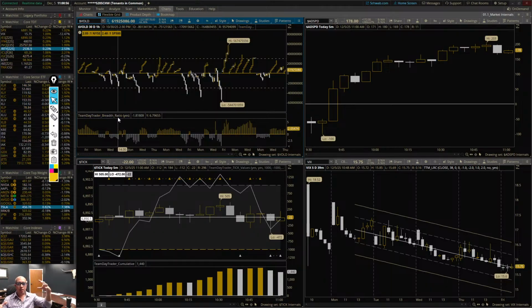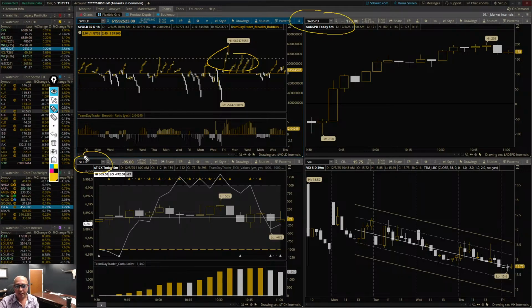It's more of multiple indicators that are all telling you the same thing. Everything's in sync. So if this isn't in sync with the ADSPD, with the tick and VIX and the market profile, all these things, right?